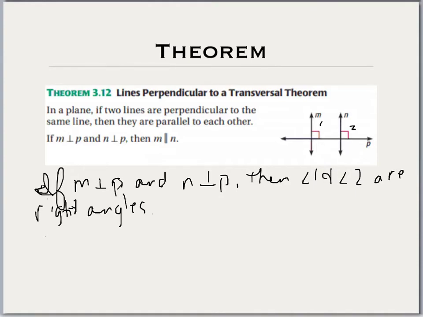Okay? And say therefore angle 1 is congruent to angle 2 by the right angle congruence theorem.